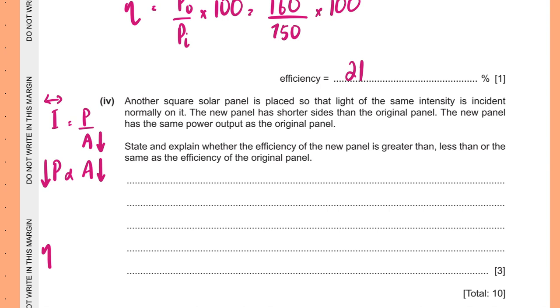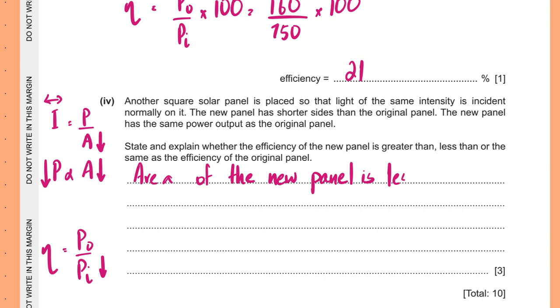So efficiency is output over input. So input is going down. As a result, efficiency is going to go up. So efficiency is going to be greater. Now I'll explain this in words. So I'll say that the area of the new panel is less, since intensity is constant.